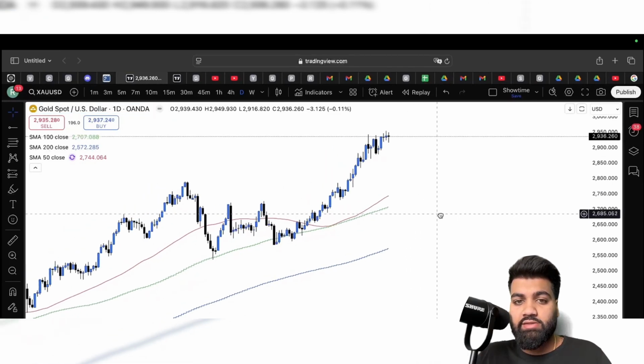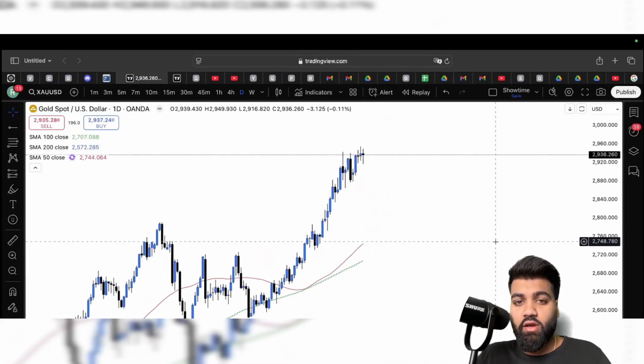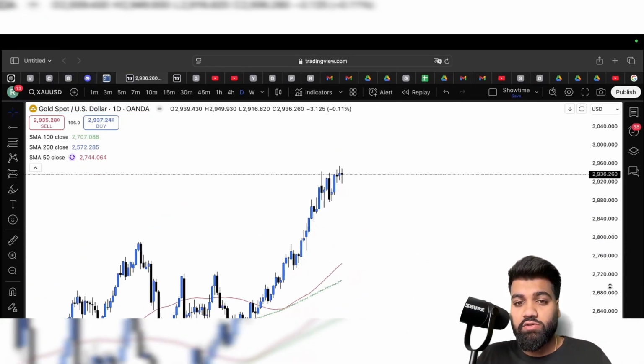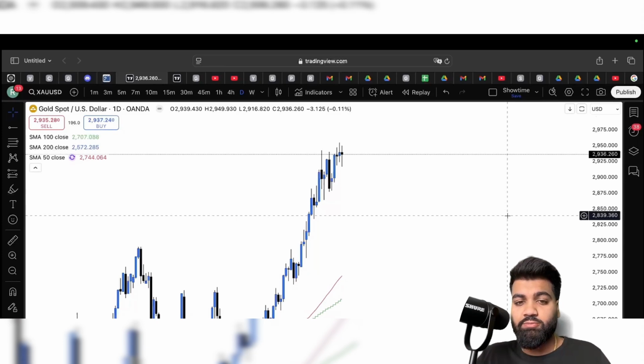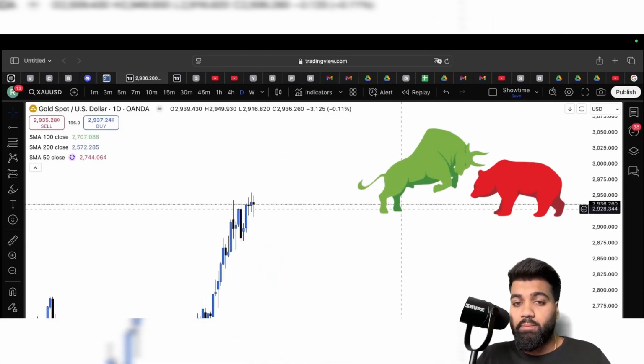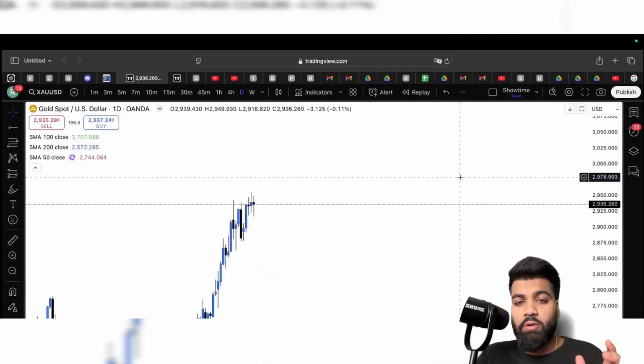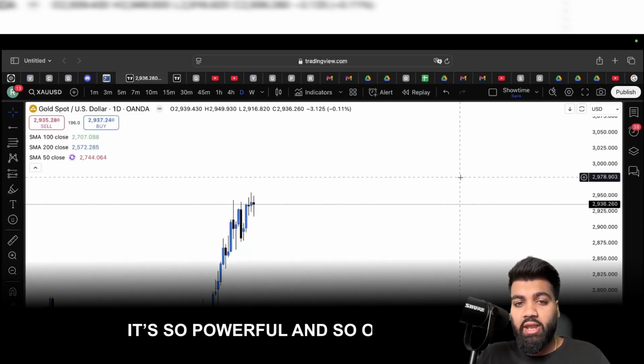Alright guys, so like I said, I'm going to be showing you a lot of what I've learned in the last 6 years trading gold. There's a specific pattern that I use on gold that I've seen happen over and over again throughout the years, in a bullish trend and in a bearish trend. You guys probably have an idea about it, but I feel like it's so powerful and so overlooked because of how simple it is.